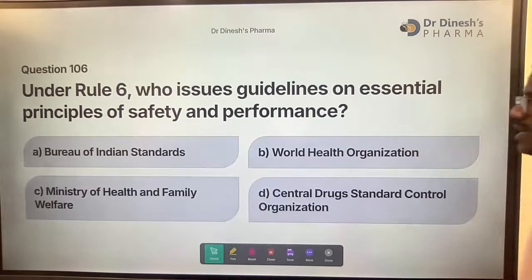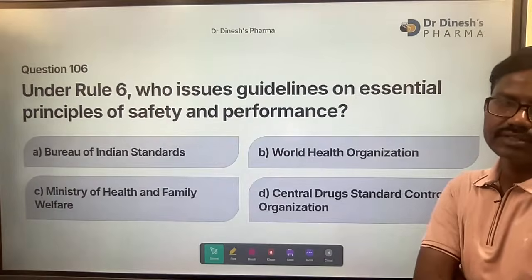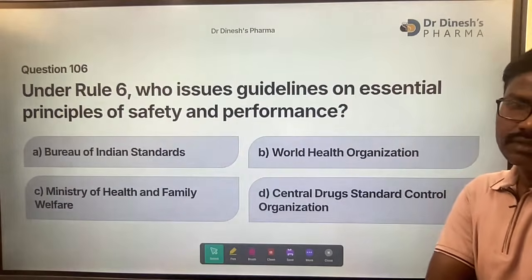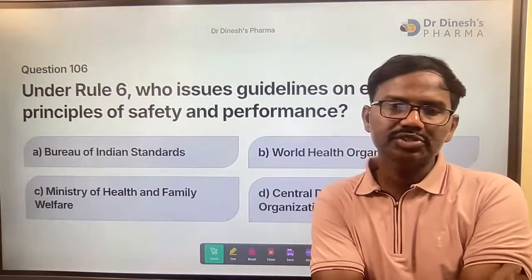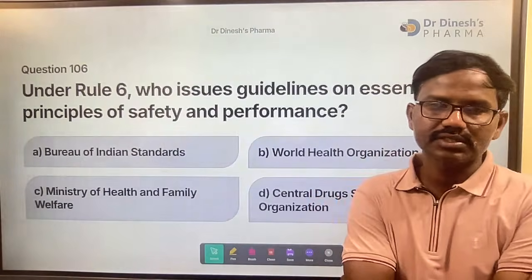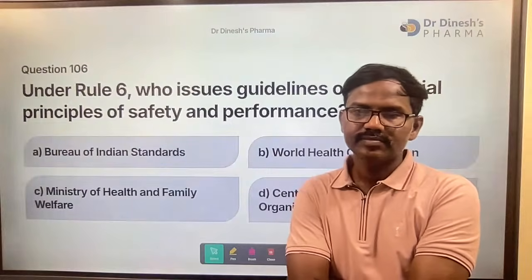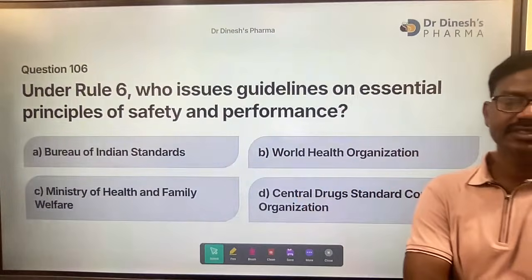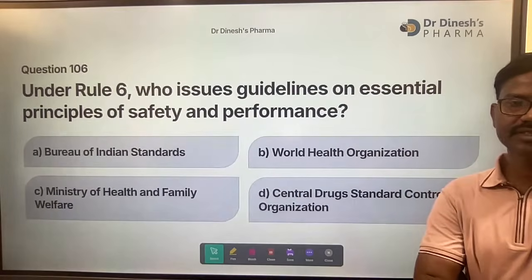Who issues the guidelines on essential principles of safety and performance? Yeah, everybody should post your options. Who will issue the guidelines on essential principles of safety and performance?